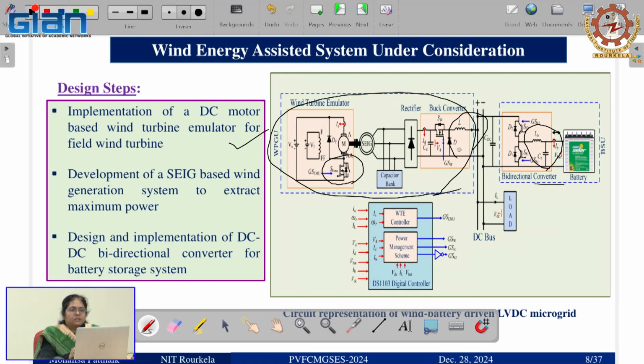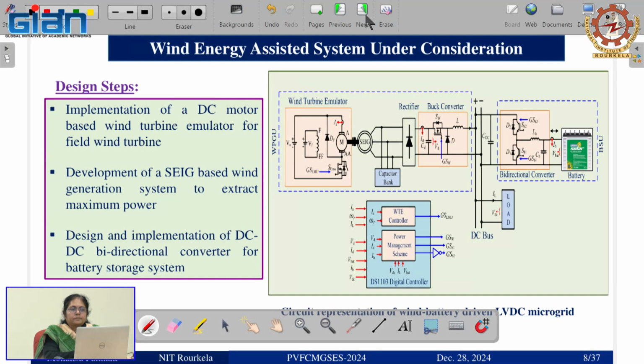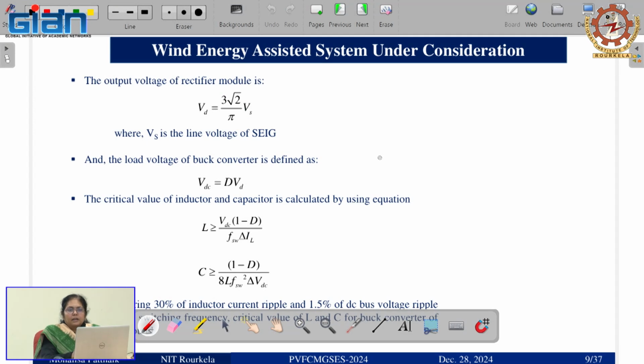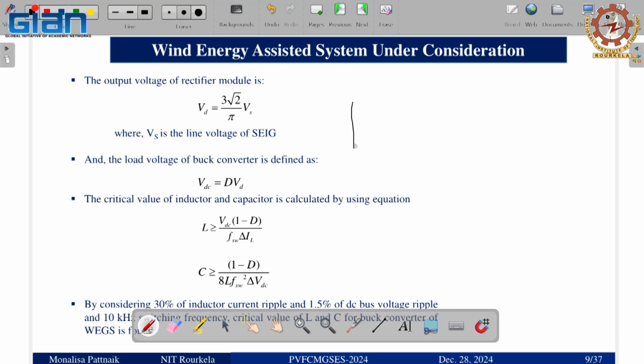Okay, so this system again, as I already told, can use a buck converter or a boost converter for the wind system. Here, as it is a buck converter, correspondingly the LC parameters of the buck converter are designed. This is the standard LC.